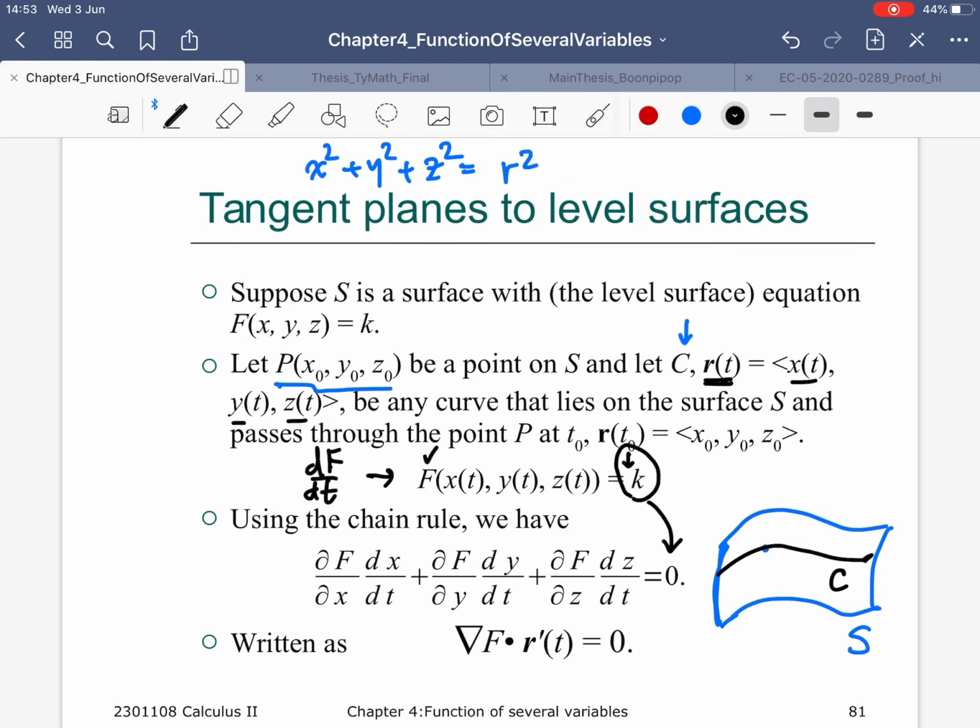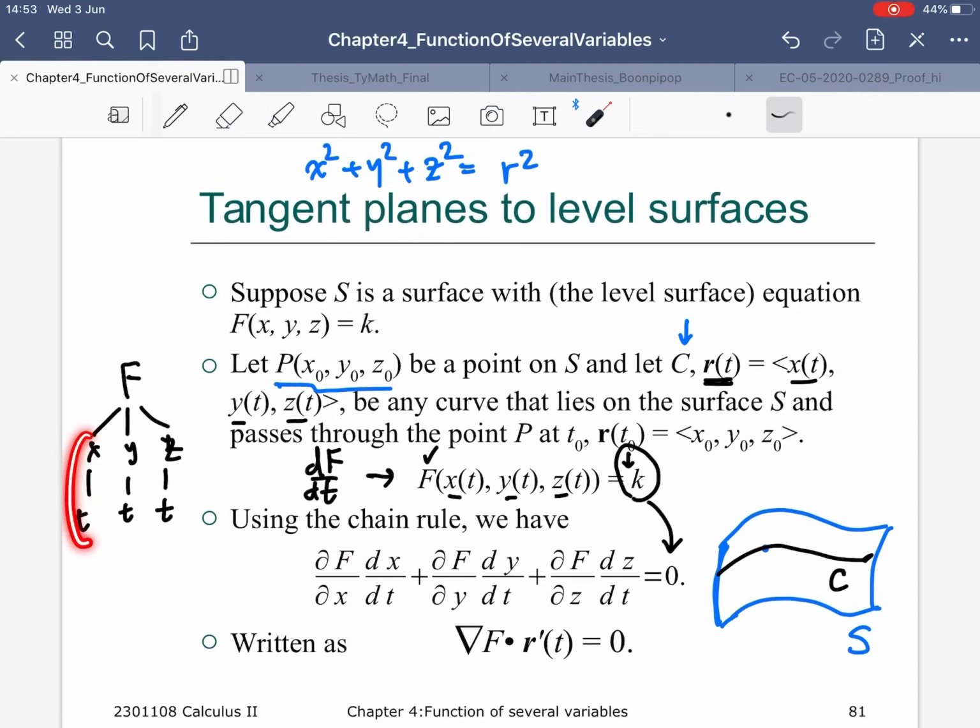On your right hand side it is a constant, so the derivative becomes 0, but on your left hand side, because you have three components, each of them depends on t, like in this diagram. It is the derivative of f with respect to x, times dx by dt, and we use a straight d because this contains only one variable. Then the derivative of f with respect to y times dy by dt, and the derivative of f with respect to z times dz by dt.